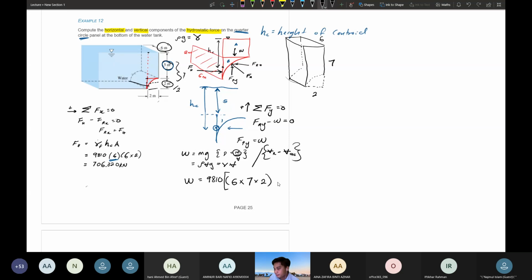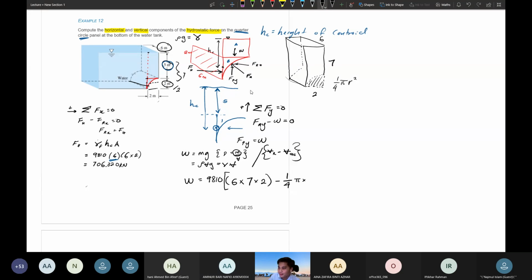Alright, this is complete bracket. Minus what? Quarter of circle. This quarter. So what's the formula? 1 over 4 pi r squared h. So what's the value of r? 2.